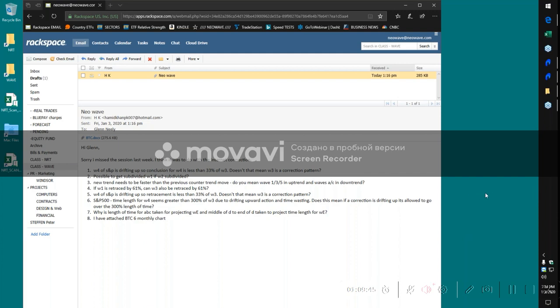Right. Okay. Terrence says, with the S&P, can the apex of the triangle signal the end of the thrust out? Yes. Terrence, with the contracting triangle, the apex point of the triangle, if it's a B wave or a fourth wave, will almost always coincide with the peak of the thrust. The only exception is if the thrust is going to be a terminal 5-wave move. In that case, either wave 1 or wave 3 will occur at the peak of the apex point of the triangle, and then wave 5 will go beyond that.